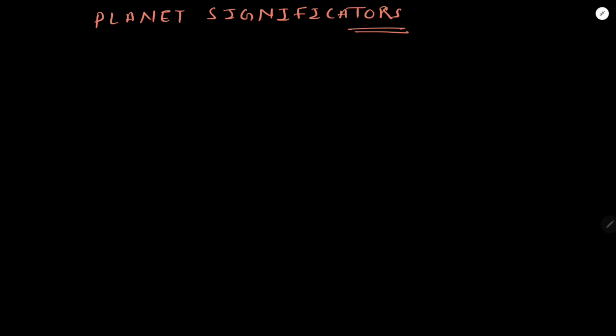In KP, there are certain rules to identify the planet significators. It's very simple. We just need to know the basics, and we will be able to identify them. It doesn't require remembering the rules, because in software you will get all the significators along with the planetary positions, but it is always useful to know how to calculate manually, so that we don't rely so much on the software.